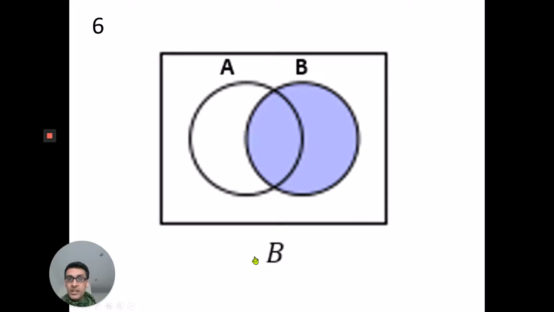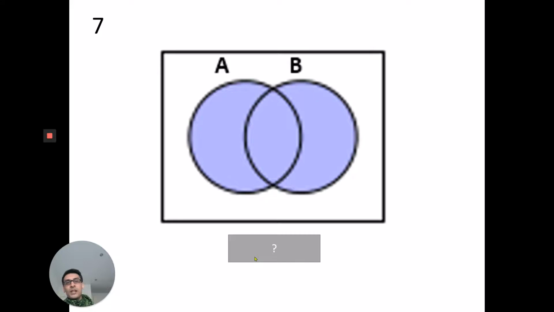Question 7, what's been shaded in here? So you should all be able to get this one, just from memory. You can see, okay, so the answer, I've shaded in everything here. So it's going to be A union B. Okay, question 8.